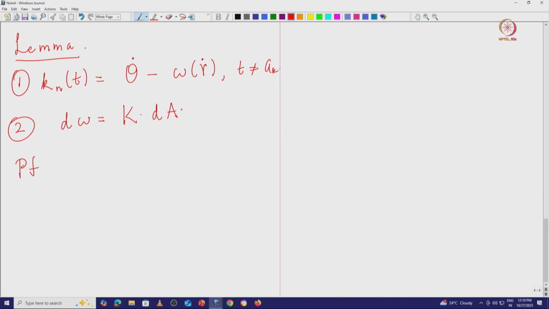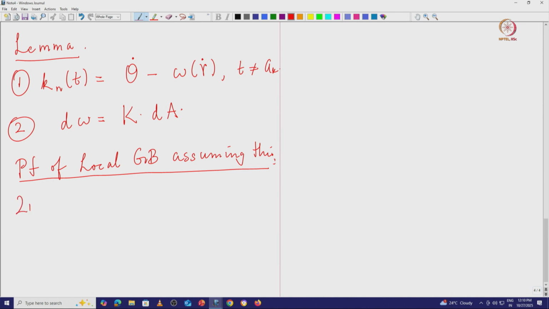Alright, so now let me prove local Gauss-Bonnet assuming this. Okay, so by our corollary from last time, this is precisely the sum of all the external angles plus the sum over k going from 1 to m of the integral from a_{k-1} to a_k of theta dot.